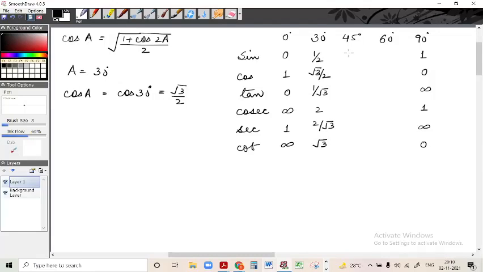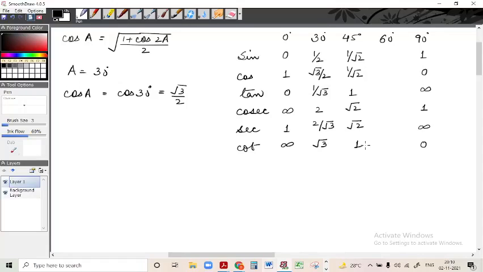Sin 45 is 1 by root 2, cos 45 is 1 by root 2, tan 45 is 1, cosec is root 2, sec is root 2, and cot is 1.